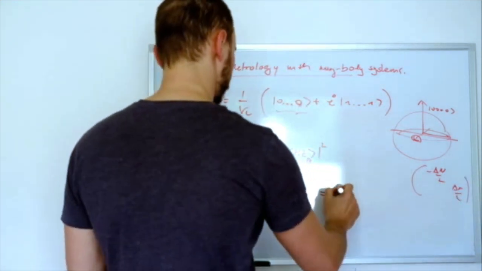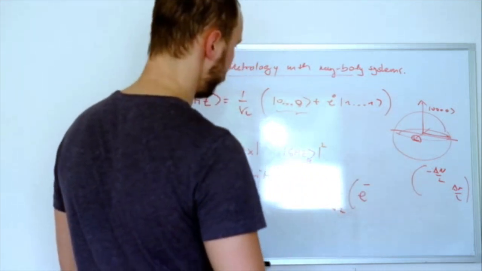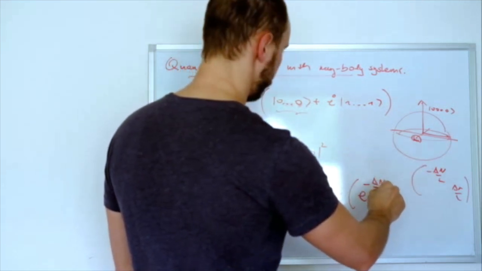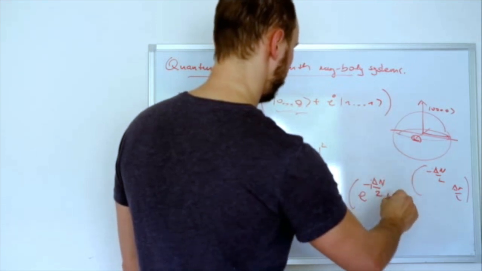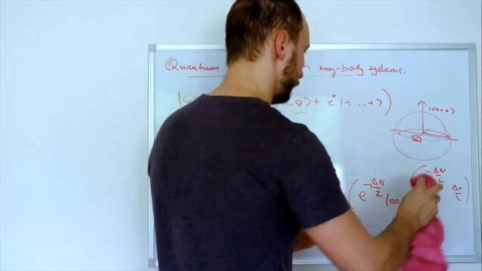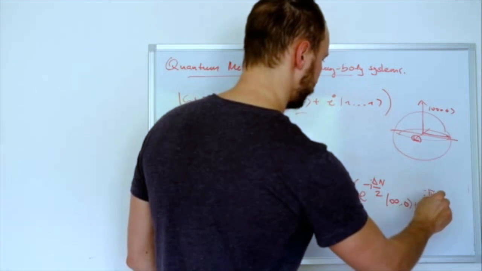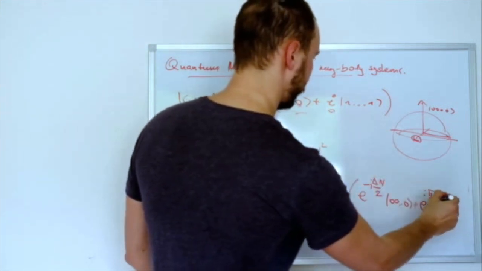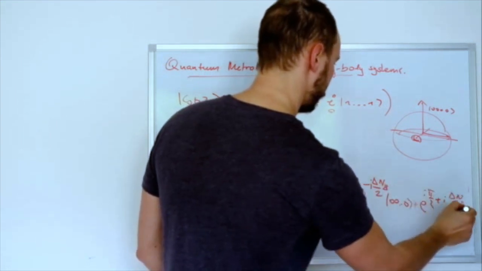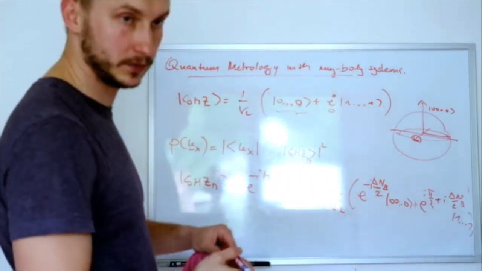So this state is 1 over square root of 2 times e to the minus i delta n over 2 b on the all-zeros state, plus i pi over 2, this is for the i factor here, plus i delta n over 2 b on the all-ones state. Okay, very nice. I just applied the Hamiltonian on the state.